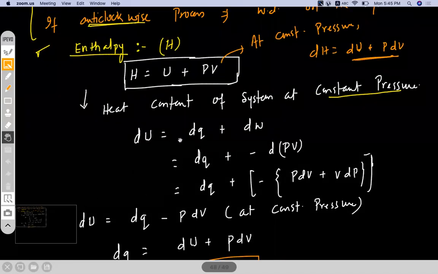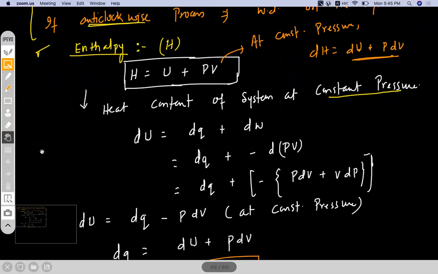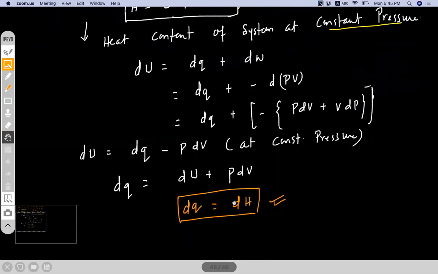So dH and dQ we can equate these two. That's what we did here. That's why the enthalpy is nothing but the heat content of the system at constant pressure, because all these things we have applied at constant pressure. The condition we have taken is constant pressure, correct?